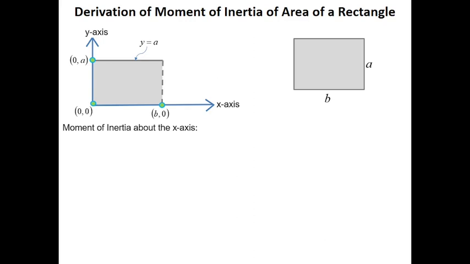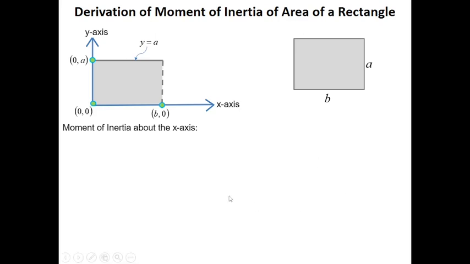So bago natin kuhanin yon, kunin muna natin yung moment of inertia about the x-axis. So ang reference natin ay x-axis. Ano yung moment of inertia ng area na to, kung ang reference natin ay x-axis? Okay? So, moment of inertia about the x-axis.